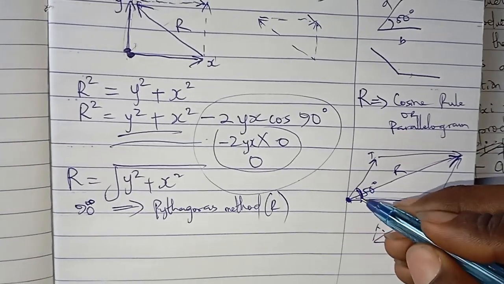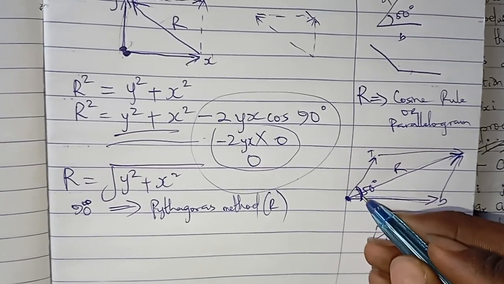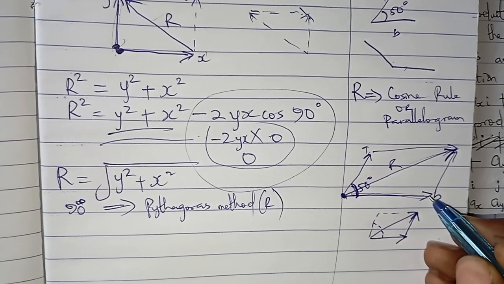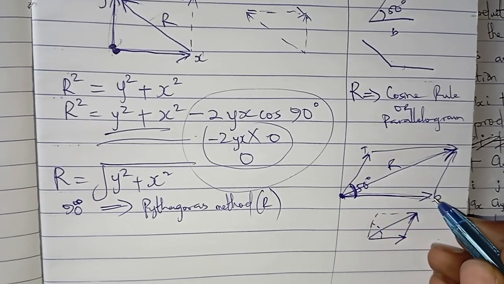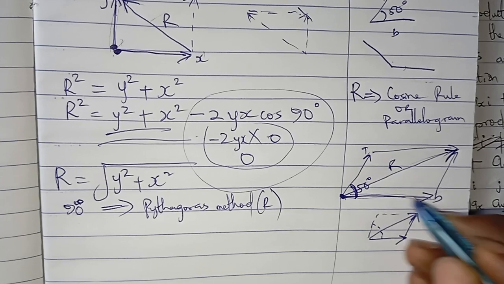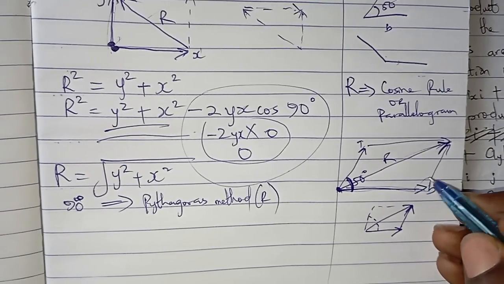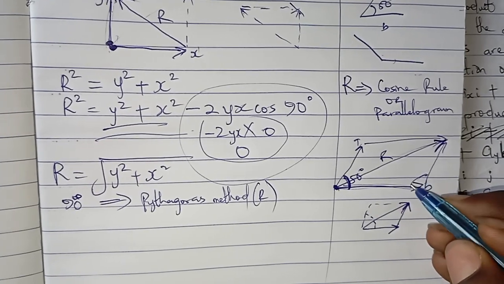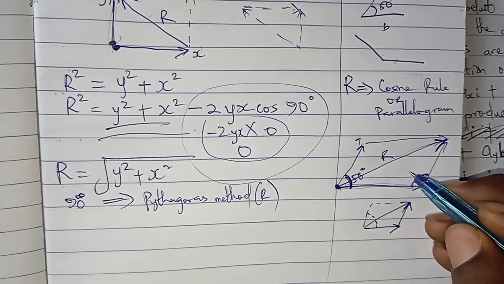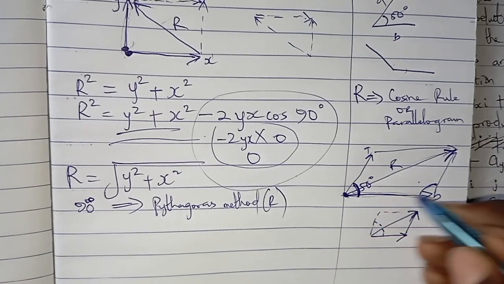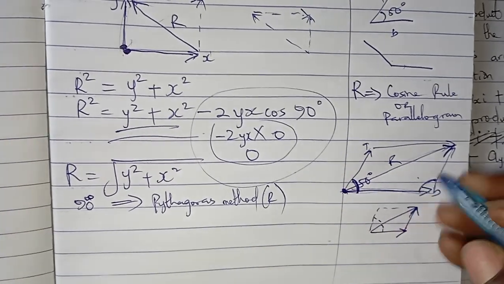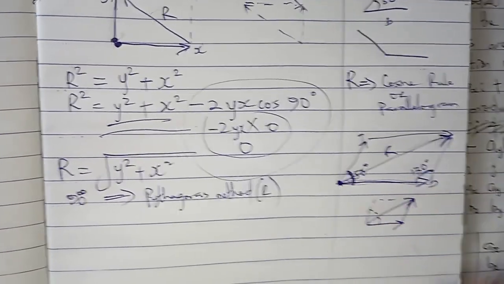If the whole thing here is 50 degrees, you now ask yourself, everything here is on a straight line, shebi. So you simply say 50 plus what will give you 180. Which means that there's an angle here. When you do angles on a straight line, you do 180 minus 50, 130. There's an angle here, 130 degrees.